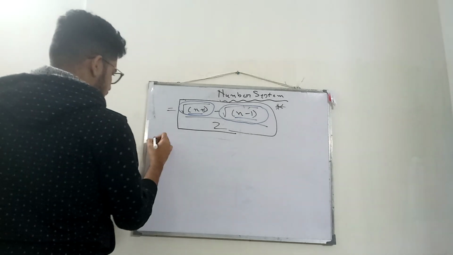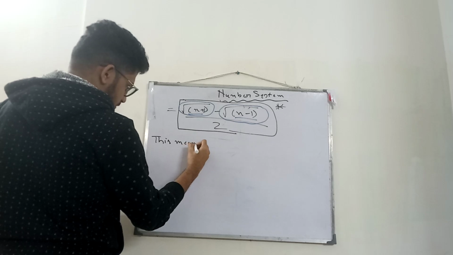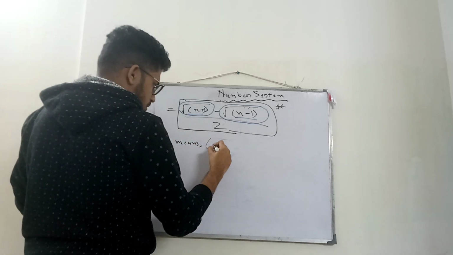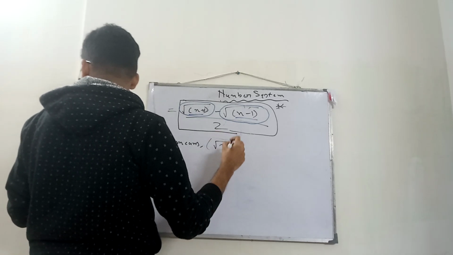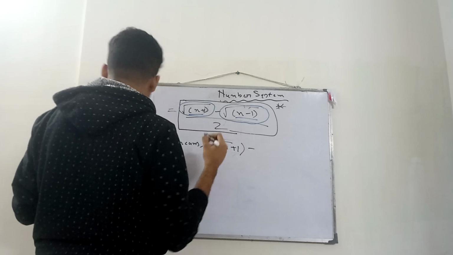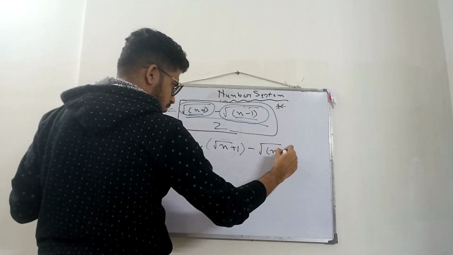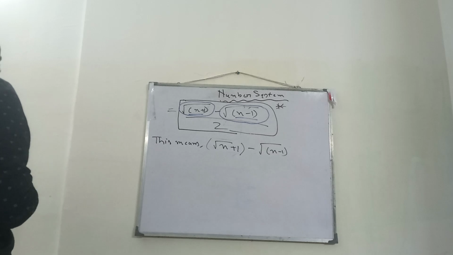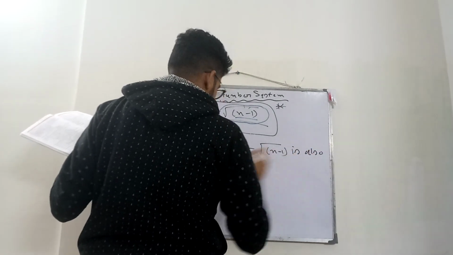Now this means root n plus 1 minus root n minus 1 is also rational.